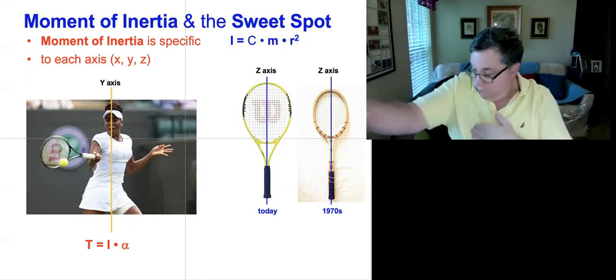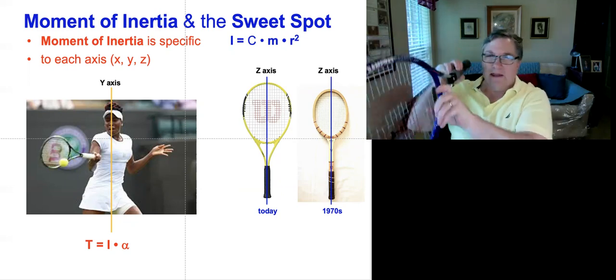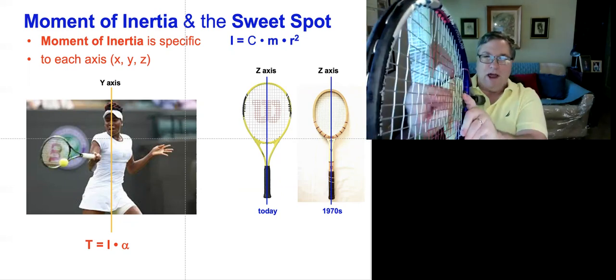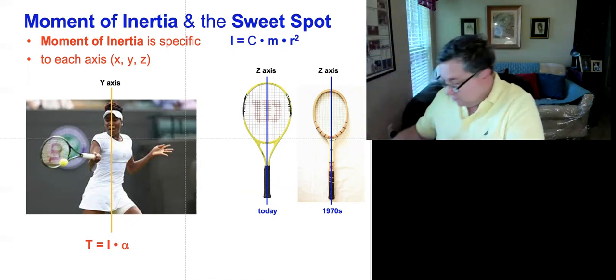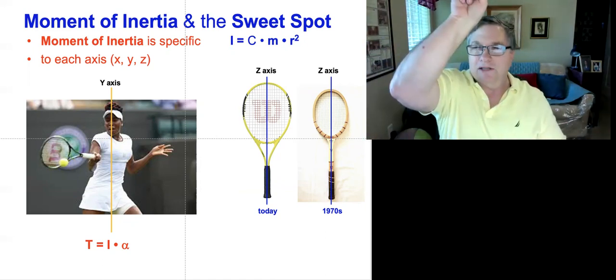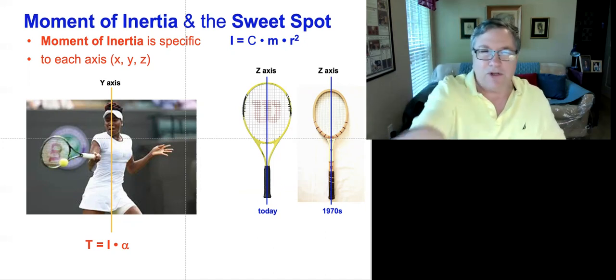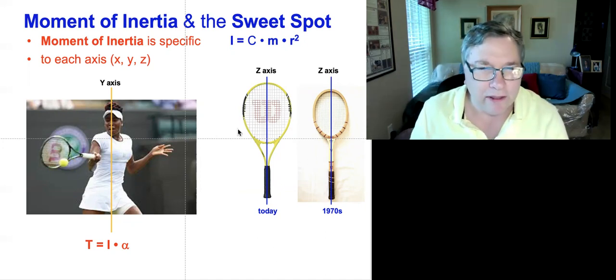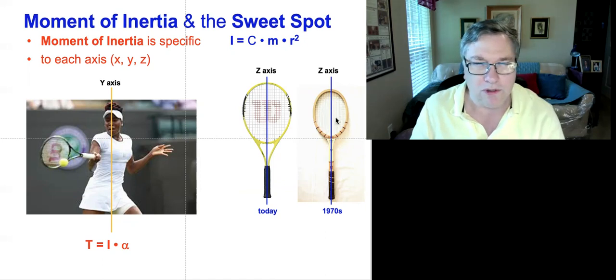But in terms of holding that racket out like this, the long axis of the racket itself is going to be basically the z-axis. So we've got a y-axis up, we've got a z-axis that's horizontal out, and the racket, whether it's the old school OG wooden racket or today's new, much better racket, makes a huge difference.